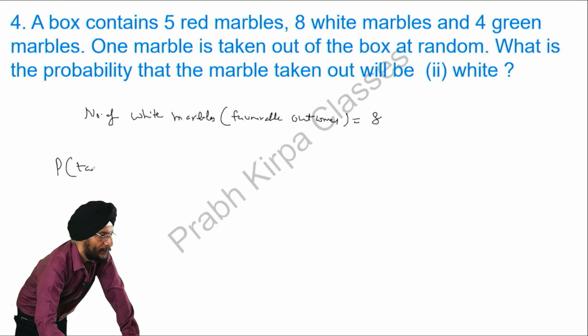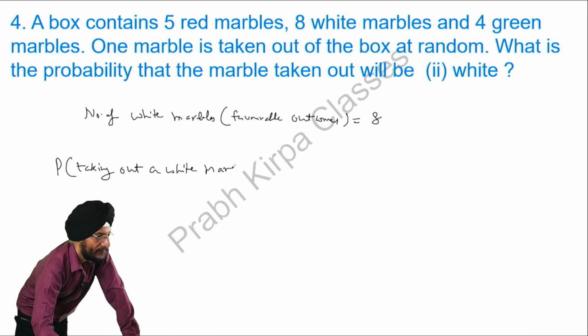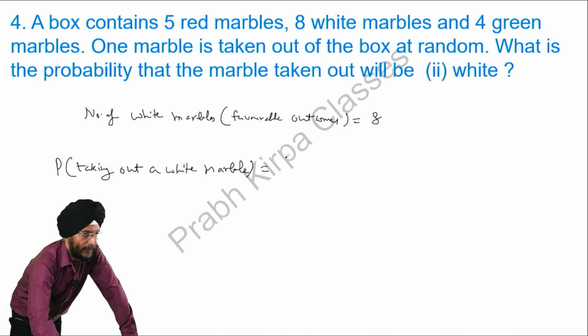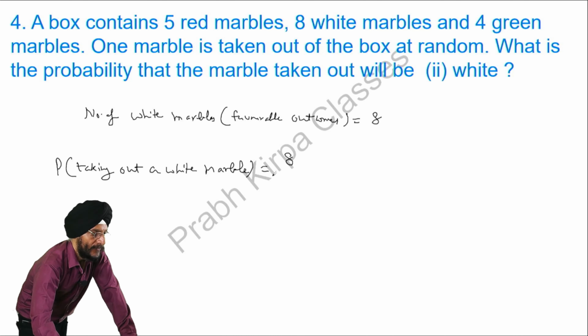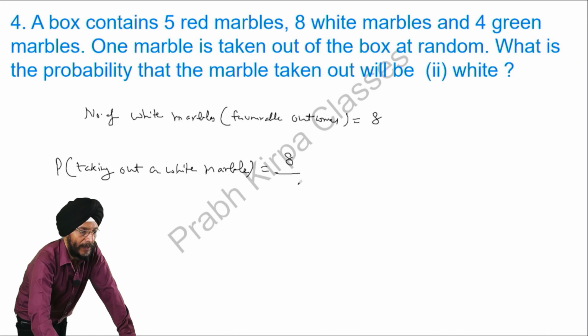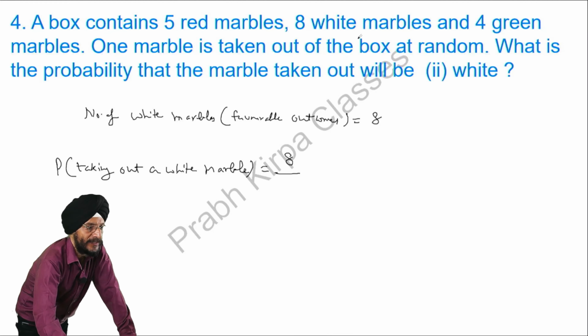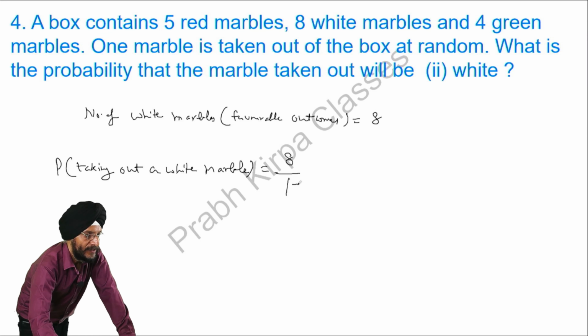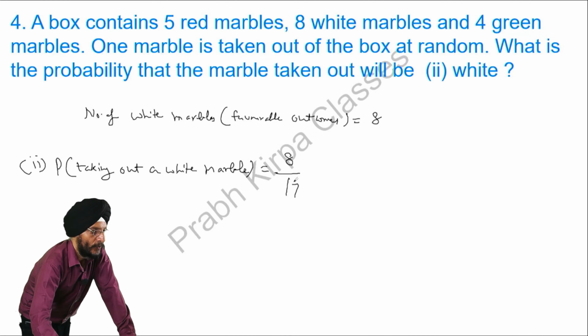Probability of taking out a white marble is equal to number of white marbles, it is 8. It will be divided by the total number of marbles. Total number of marbles we have already calculated, 5 plus 8 plus 4, it is 17.